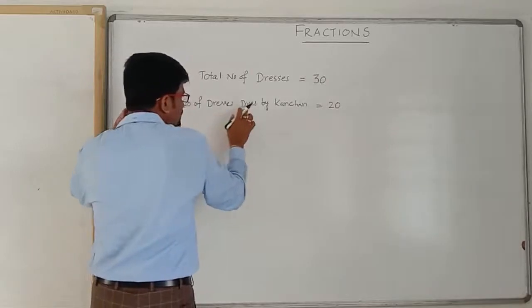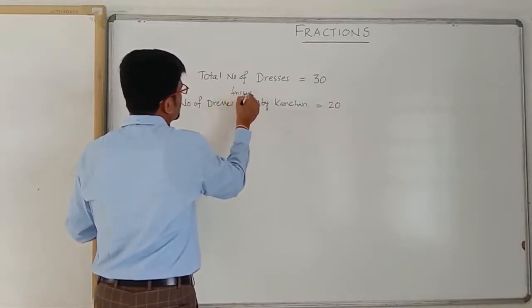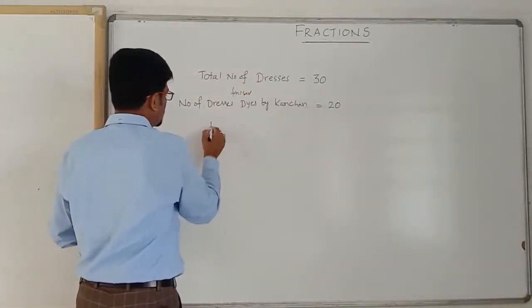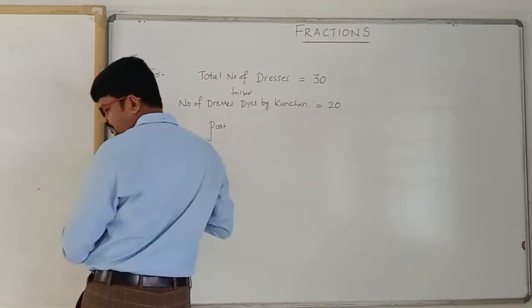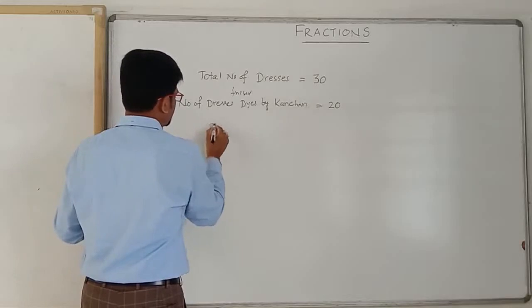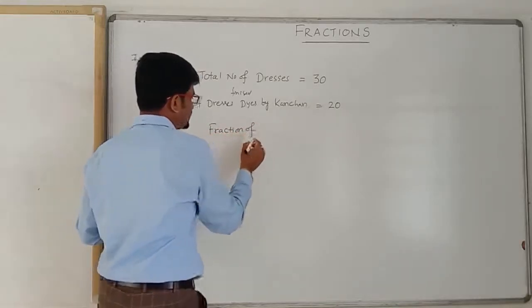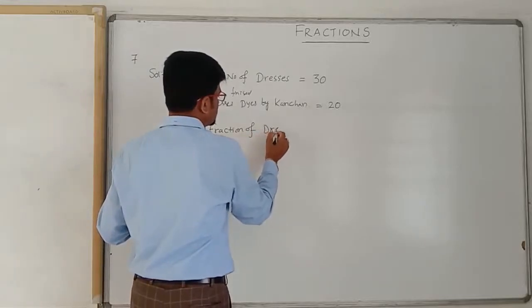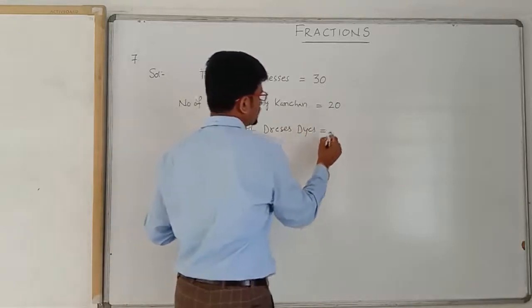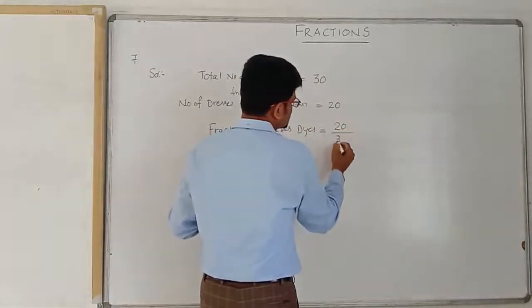Number of dresses finished. Therefore, the fraction of dresses dyed is equal to how many are finished? 20, and total how many dresses? 30.